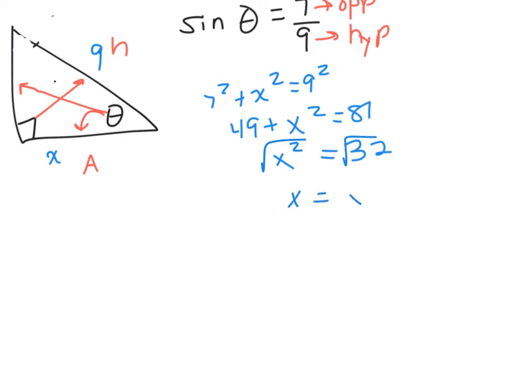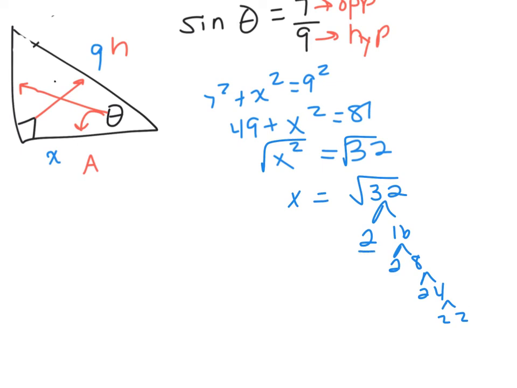If you don't know how to simplify this, you can do your prime factorization, or if I taught you the trick with your perfect squares, you can do that. I'm going to do the prime factorization way because that's the way most of you are familiar with. 2 and 16, 2 and 8, and 2 and 4, and 2 and 2.